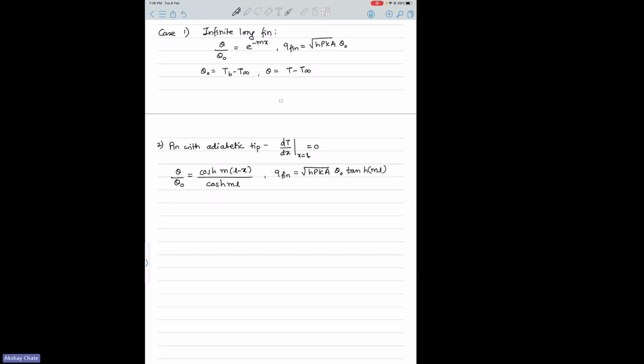Now, there are two more cases. One is fin with finite length and uninsulated tip. So there is a significant heat loss from the tip also.